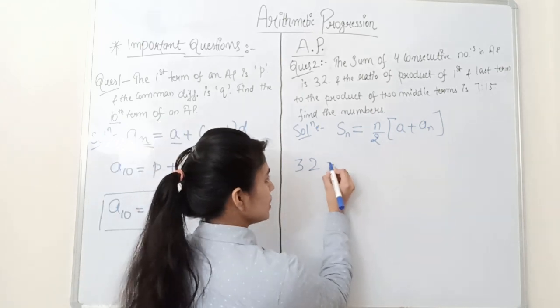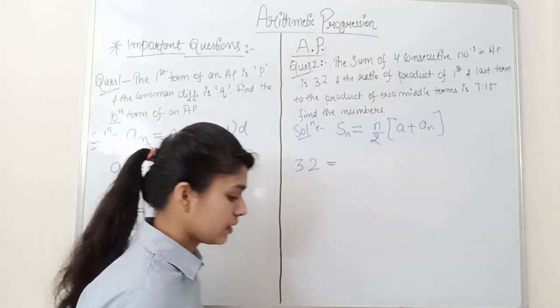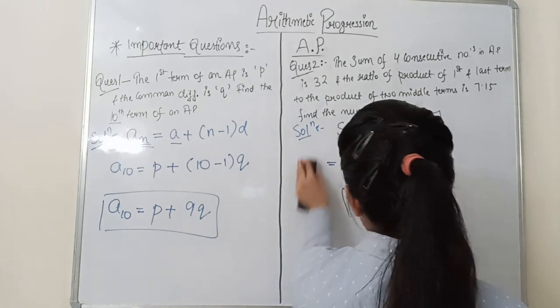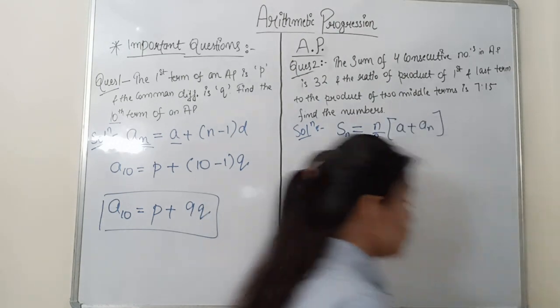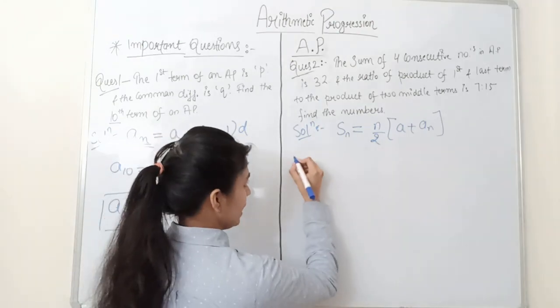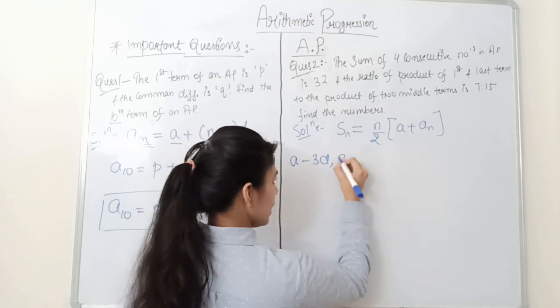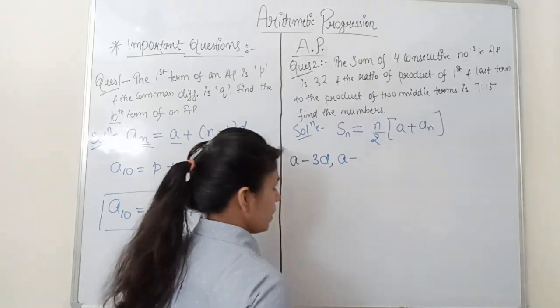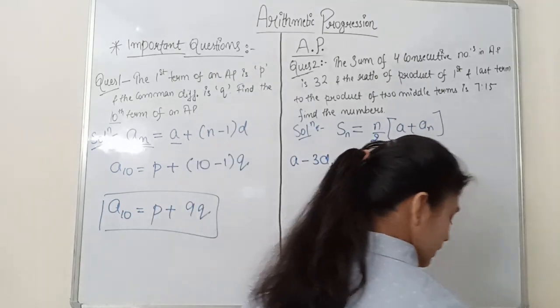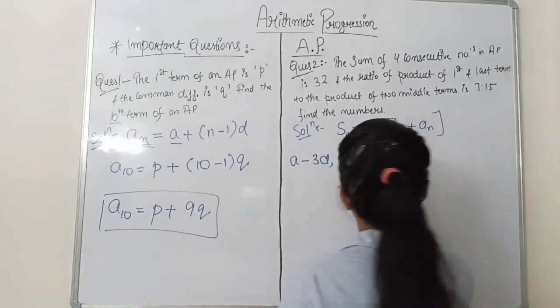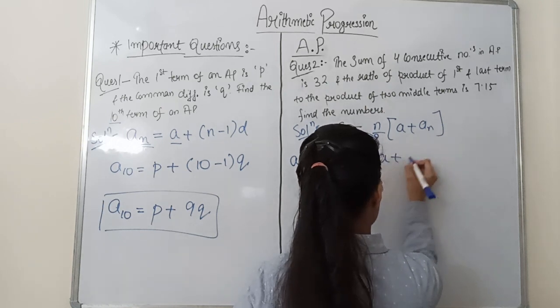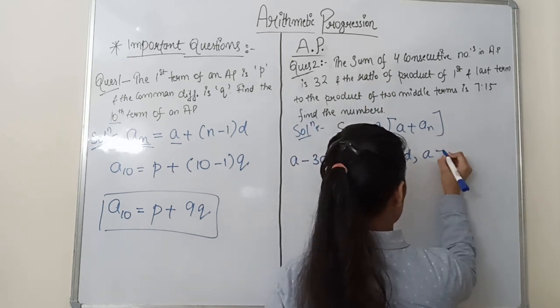So students, let us take the numbers. We will assume 4 consecutive numbers like a minus 3d, a minus d, a plus d, a plus 3d.